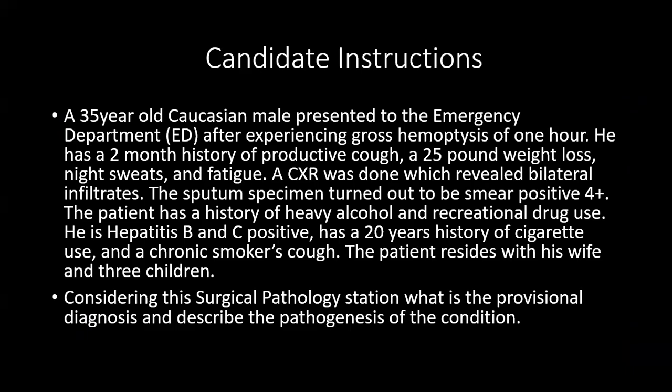If there is induration of more than 10 mm, the test is positive, and less than 10, the test is negative. After how long, you told me? After 72 hours. Yes, 3 days, 72 hours.